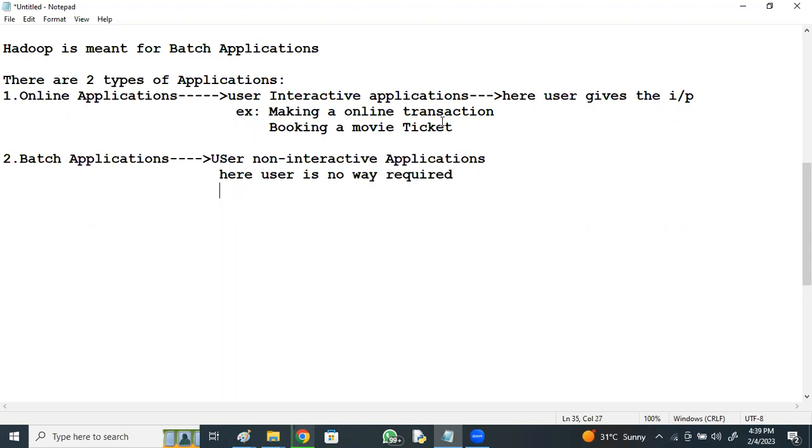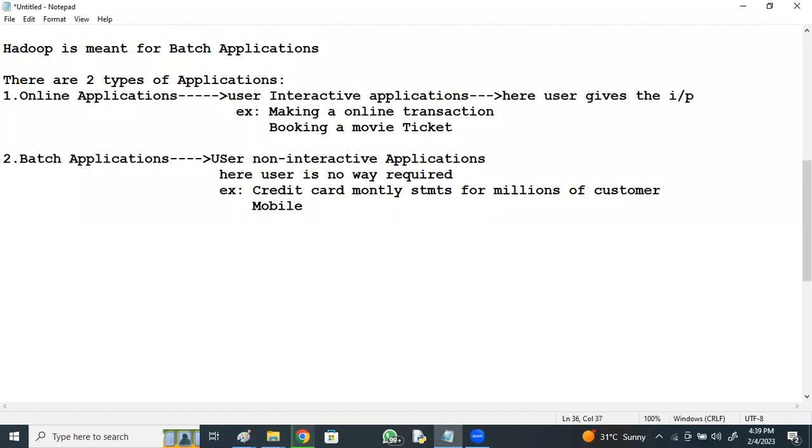Other examples: credit card monthly statements for millions of customers. For this, the user is nowhere required and doesn't give any input.